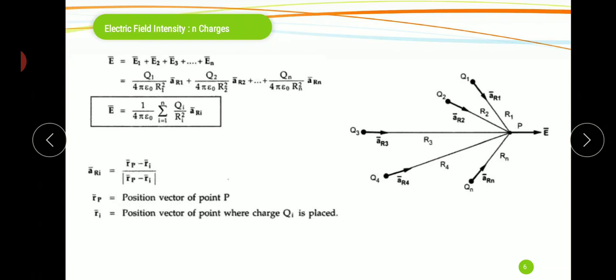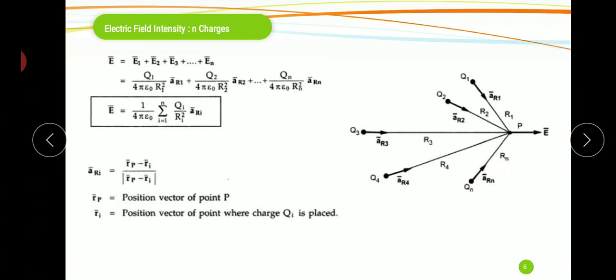Here P is the position where the electric field intensity is determined. These are the different charges: q1, q2, q3, q4, and so on up to qn.